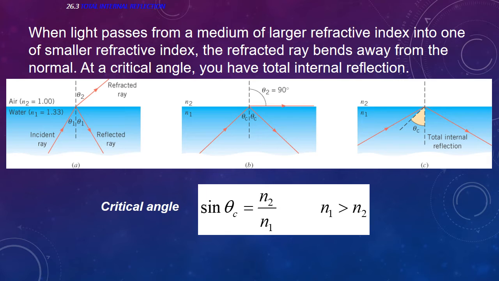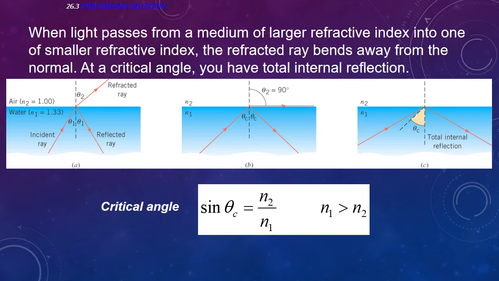That means that there will be an angle called the critical angle where that refracted light will actually lie along the surface. And if I go greater than that critical angle, there's no more refraction because all of the light becomes reflected. Nothing can be refracted anymore because it bends back into the water, which causes it to be completely reflected. Now that critical angle, it turns out, has a value that you can determine by the sine.